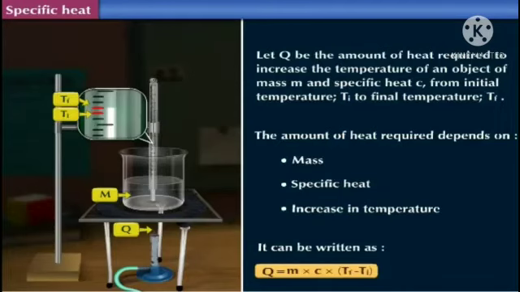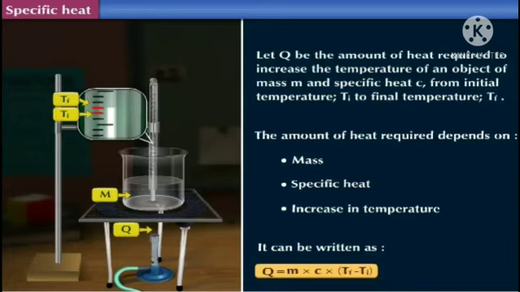Let Q be the amount of heat required to increase the temperature of an object of mass m and specific heat C from initial temperature Ti to final temperature Tf. So the amount of heat required depends on mass, specific heat and increase in temperature.